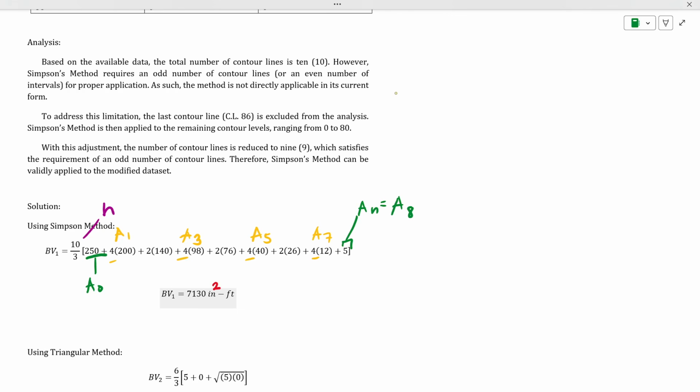And for the even numbered areas, we have A sub 2, A sub 4, A sub 6. Each area is multiplied by 2. If you further evaluate this, the bulk volume of these intervals will be 7,130 inches squared feet.